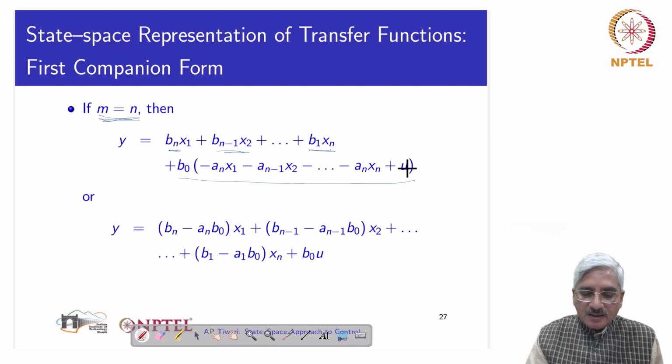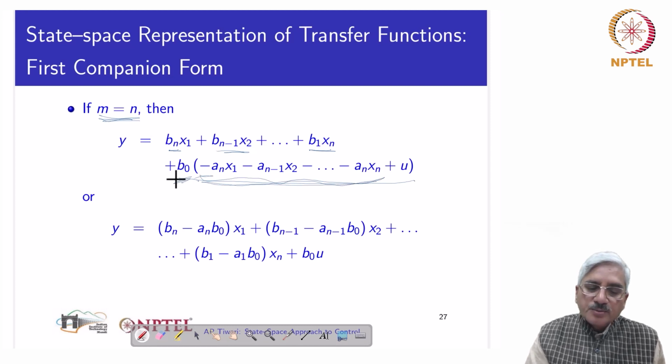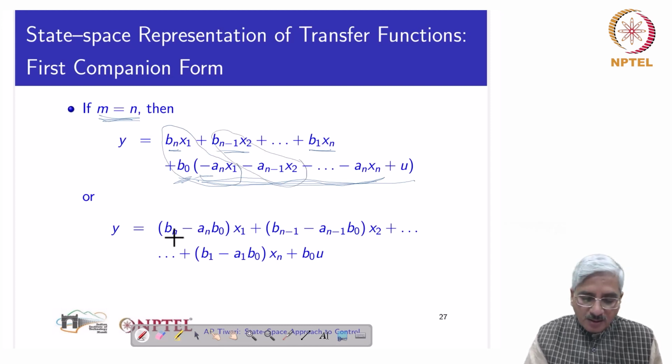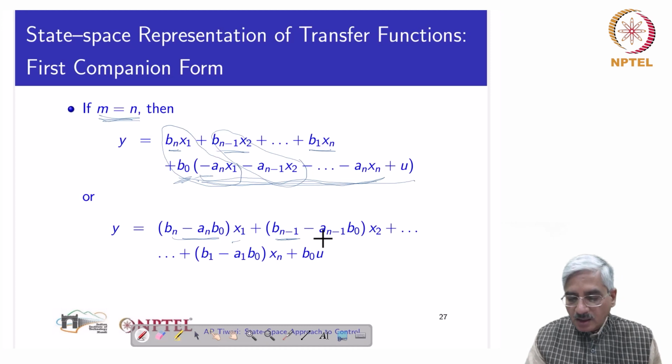So the nth derivative of z is substituted in terms of the state variables x1 to xn, and that is multiplying b0. So y gets represented in terms of the state variables x1, x2, etc. through these coefficients as bn minus an b0 into x1, bn minus 1 minus an minus 1 b0 x2, and so on.